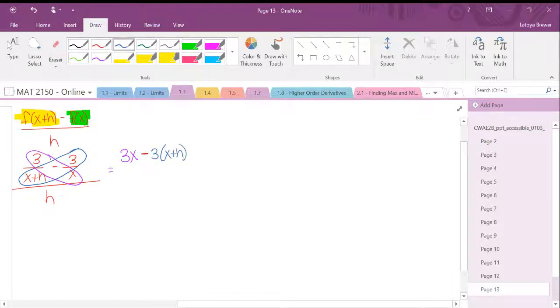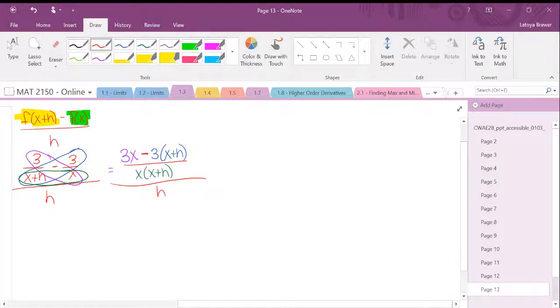We'll do it that way so you don't get confused. All over, and then to get that common denominator, you multiply your two denominators together. So that's going to be x times x plus h. And then I'm going to just put all of that over h.